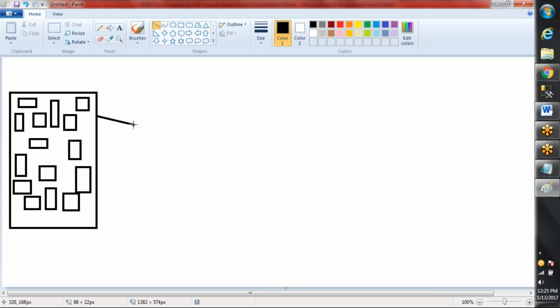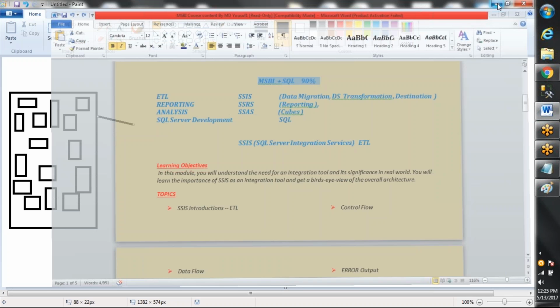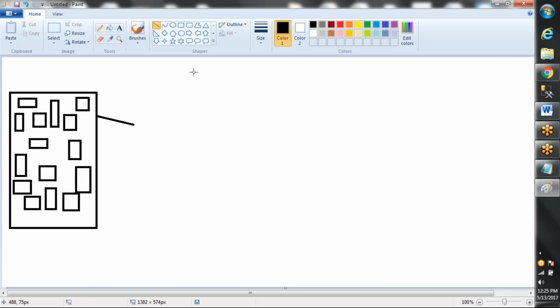I would say Power BI is also a reporting tool, but not in MSBI architecture. It is a Microsoft product, but it is not an MSBI tool. It does not fall under the MSBI umbrella. Understood.